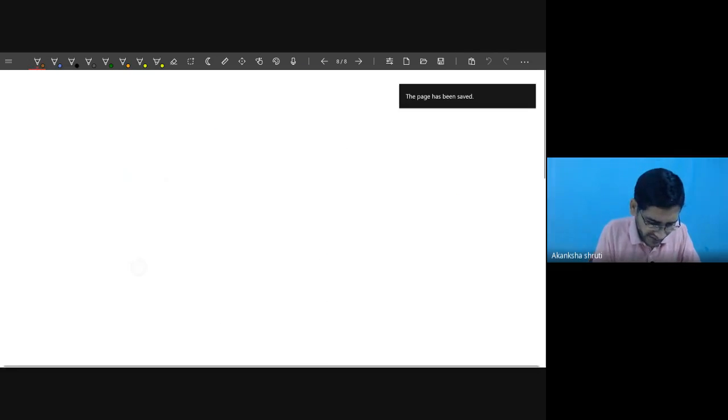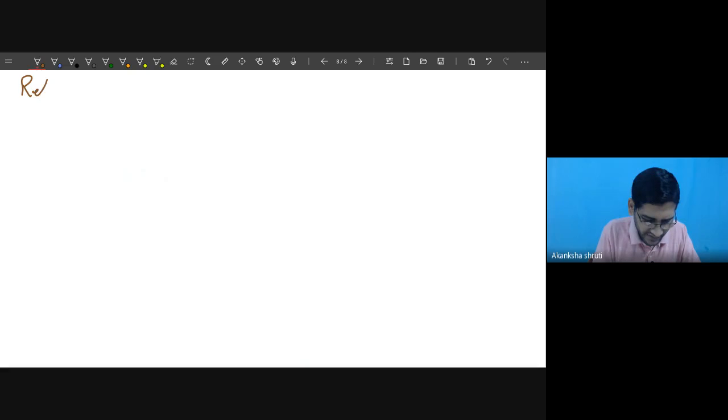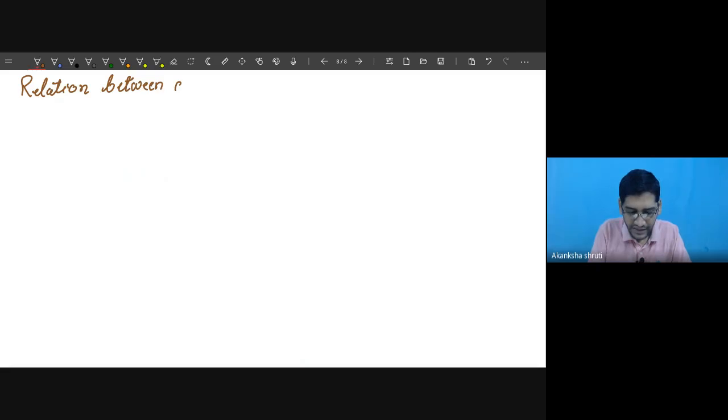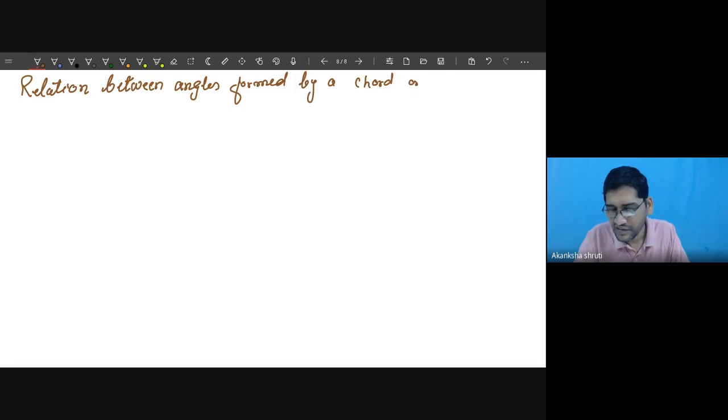So write the relation between angles formed by a chord or an arc. So here it is the angles, not the single angle we are considering.